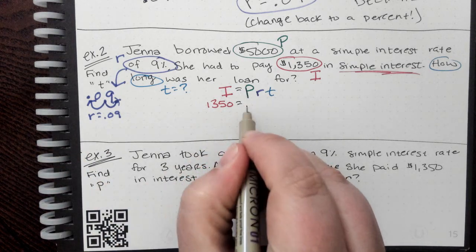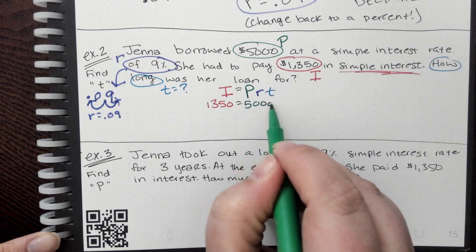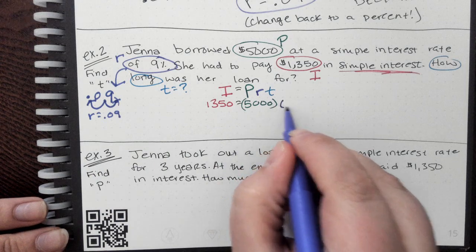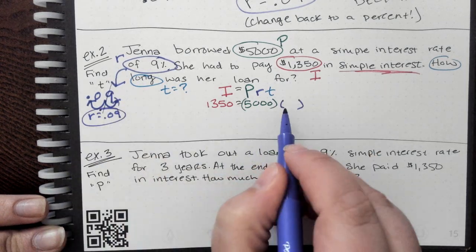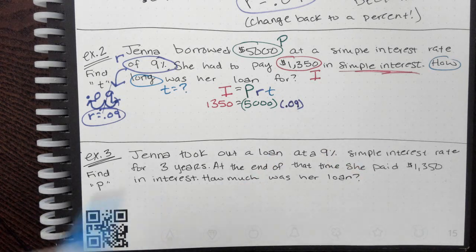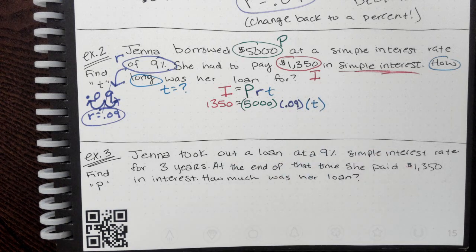This is equal to the principal. Instead of P, I can write 5,000 times the rate. Instead of 9%, we have to use 0.09. We want our rate as a decimal. And then this is my time in years, T.